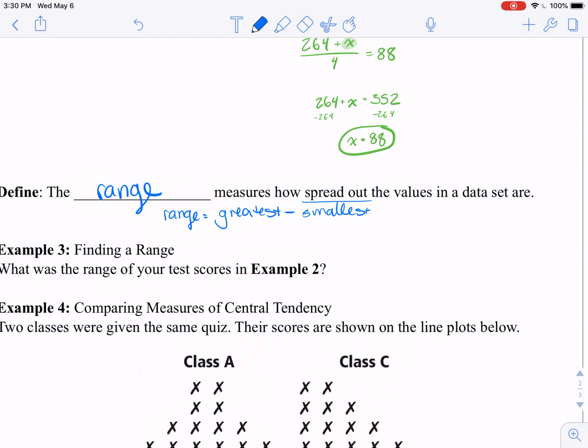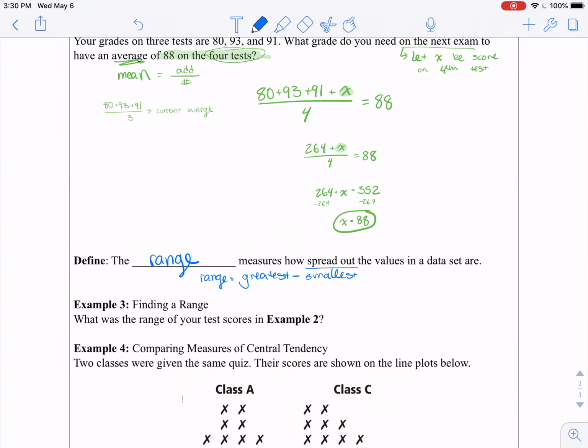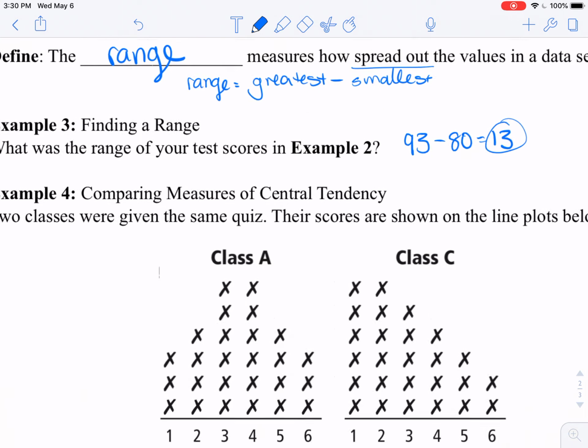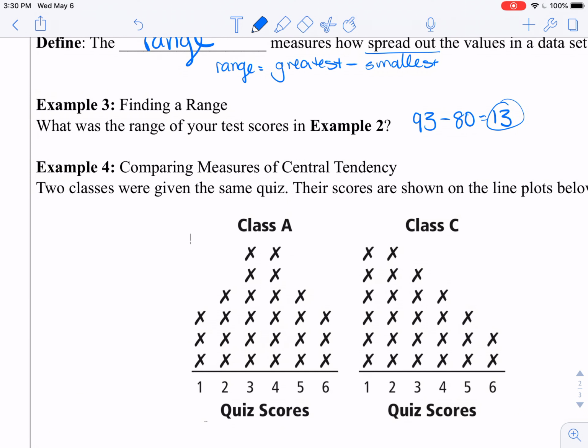For example, up here, our biggest test score was 93. So our range is 93 minus our lowest test score, which is 80. That comes out to 13. So you have a range of 13 on your scores. I was trying to come up with a pun, and then it didn't happen.